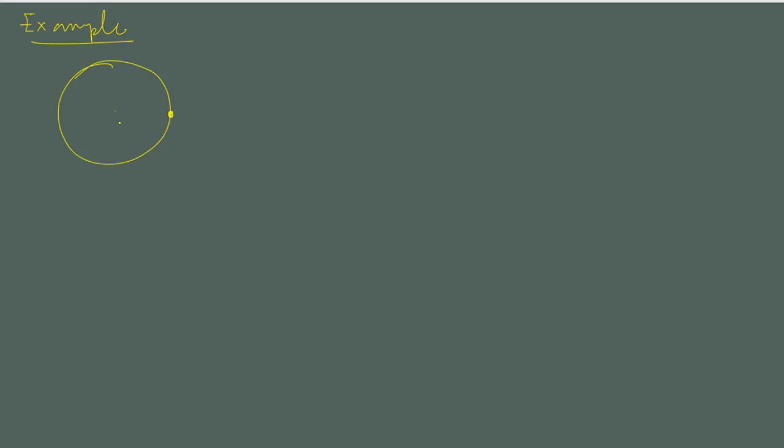It could be a particle moving in a plane along a circle. It's constrained to move on a circle. So the constraint relation is quite straightforward. It's a function of x and y, and the precise form is x square plus y square is equal to r square. Equation of a circle after all.